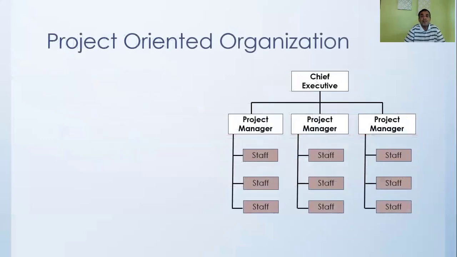Then we have something called project-oriented organization. A project-oriented organization typically is an organization that drives on projects. Now, the hierarchy, everything is defined by the project. For example, if you have a company and the whole purpose of the company is to build hotel buildings.